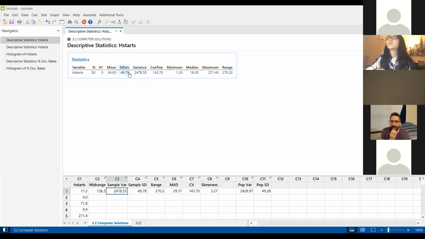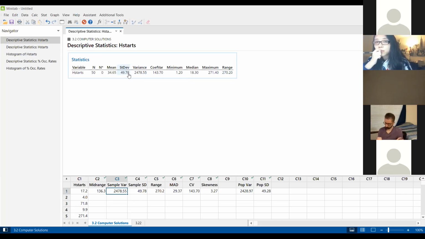Then you multiply this number by the square root of n minus 1 divided by n, the square root of that ratio. And that would give you the population standard deviation. You have to remember to multiply by the square root of that ratio, because the original variance formula doesn't have square roots in there. But the standard deviation is the square root of the variance, so you have to have the square root of that ratio to convert this number to the population number. Make sense? Okay.